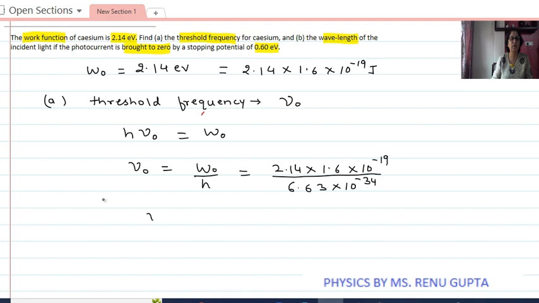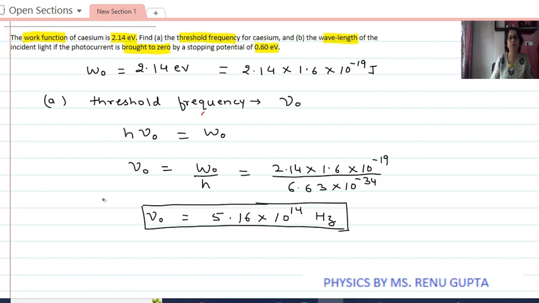On solving this, we get the threshold frequency equal to 5.16 into 10 to the power 14 Hertz. So this way we have calculated the threshold frequency for part 1 of the question.